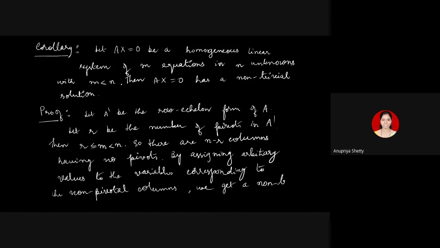Why non-trivial? Since you are giving arbitrary values to some of the variables, you can always see that the solution is non-zero. Non-trivial is non-zero. We get a non-trivial solution of which system? You solved it using A dash. So we get a non-trivial solution of A dash x equal to 0, hence a non-trivial solution of Ax equal to 0.